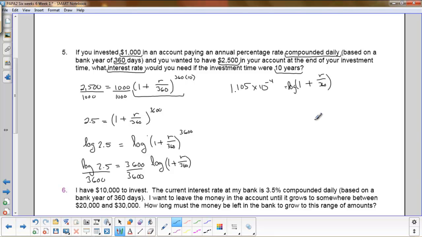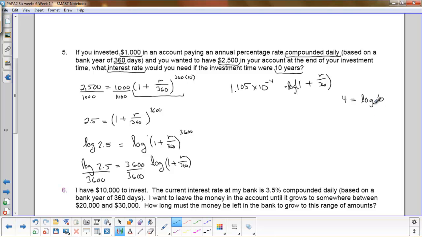Now I'm going to switch it back from log form into exponent form again. The base of this logarithm is 10. Here becomes your exponent. This argument is what it's equal to. It gets a little bit tricky at this point, so be very careful about what you're doing. Let me show a small example before I move on. Let's say, for example, 4 equals log of 6.